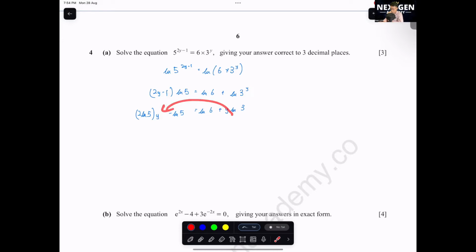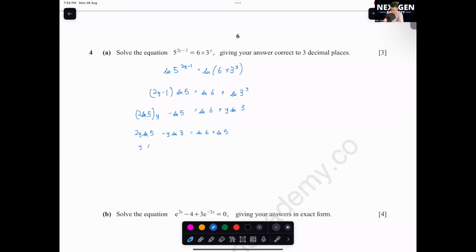I bring all the y to one side, all the non-y to the other side. To make it less confusing, you don't put the y behind. You put the y like that: 2y ln 5. This will be a better form whenever you have your x or y. Then here, y ln 3, ln 6 plus ln 5.